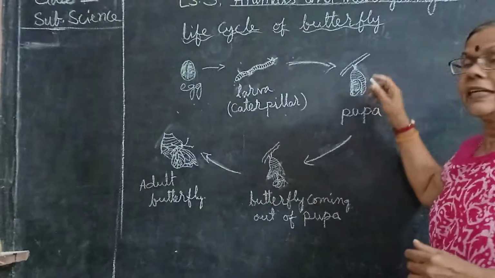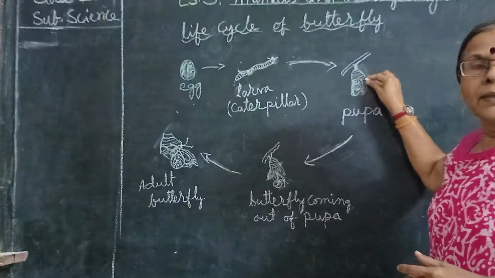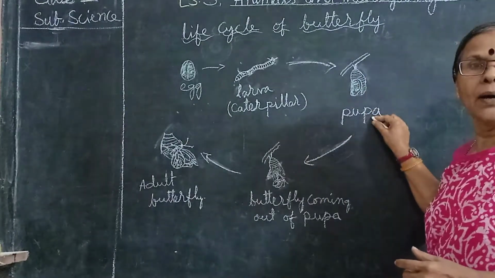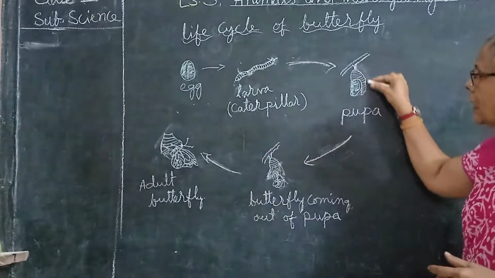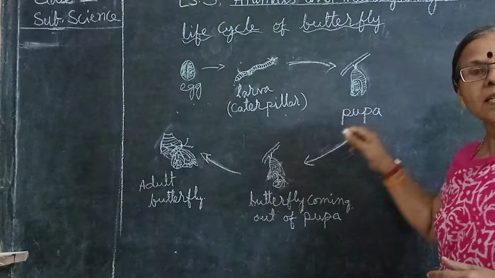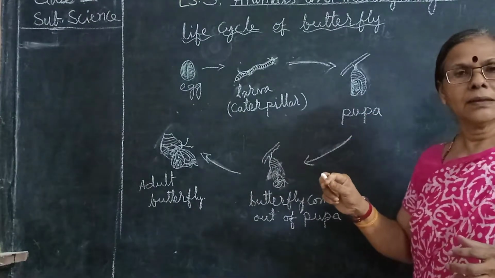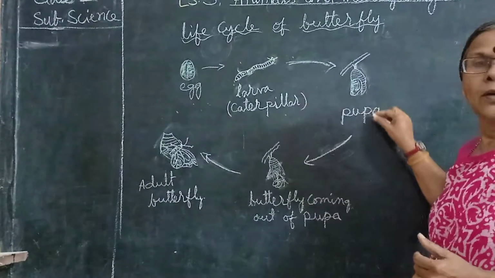It goes inside and covers its body. That covering, that shell, this stage is called a pupa.